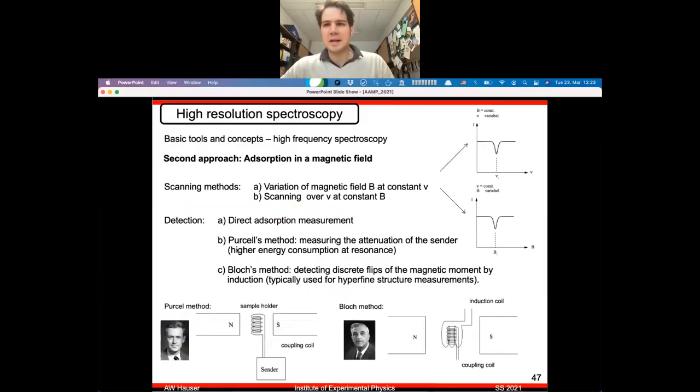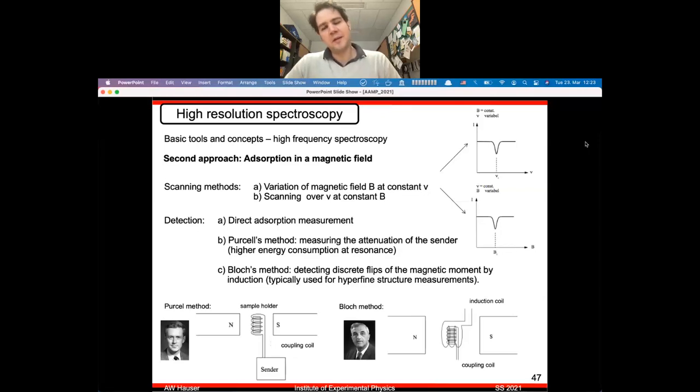Now, second type and more effective is to do an absorption in a magnetic field. Why? Because the magnetic field will give us another handle on bringing the whole system into resonance.